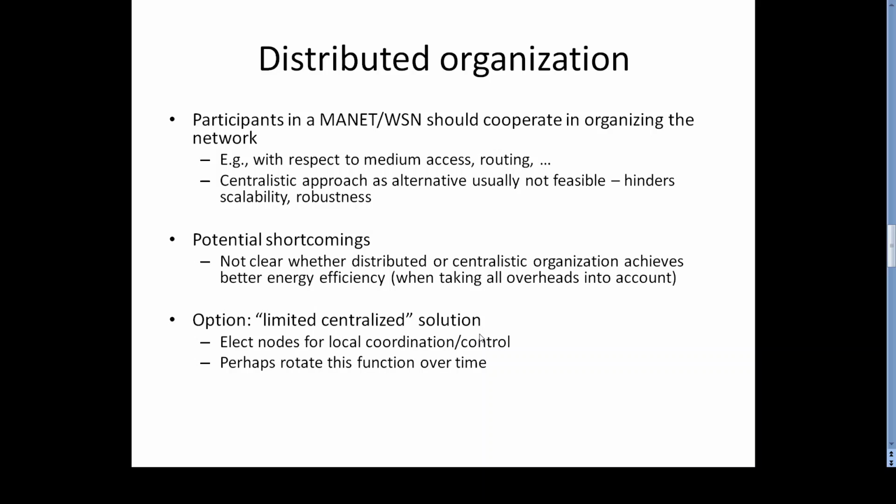Next is distributed organization. Participants in a MANET or WSN should cooperate in organizing the network with respect to medium access or routing. A centralized approach is an alternative, but it is not feasible. It will hinder scalability and robustness.